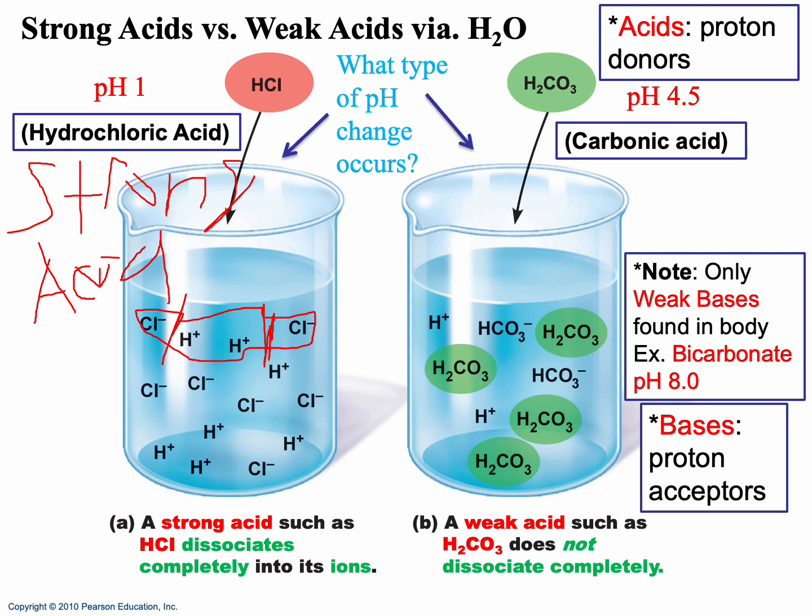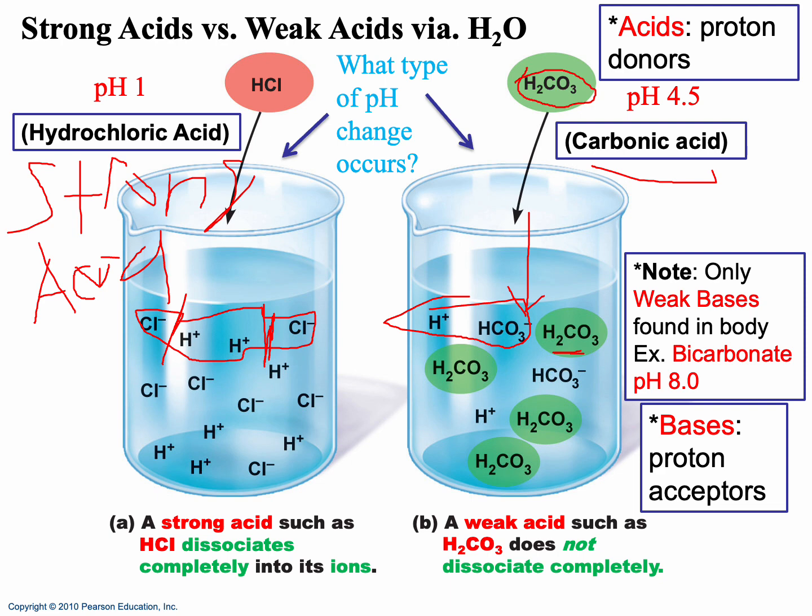Over here, again, carbonic acid, H2CO3. You add that into the beaker of water. You have some hydrogen ions that break off like we see here. But a lot of the hydrogen ions remain intact with carbonic acid, hence not as drastic of a change in the pH here in the water.